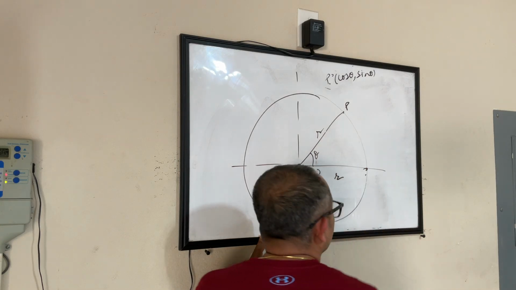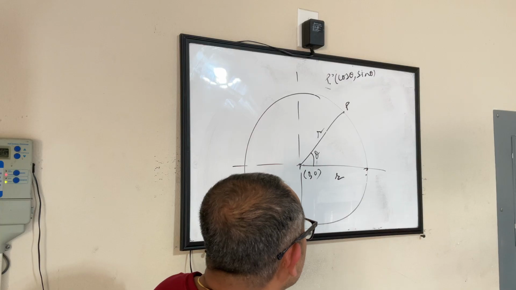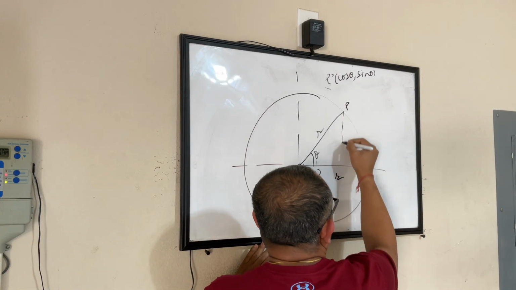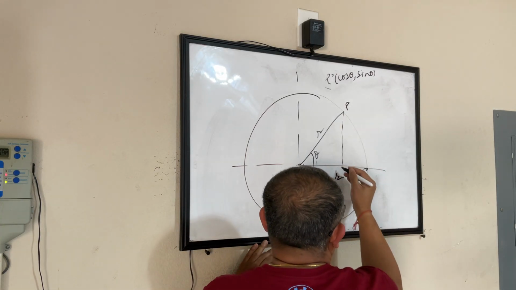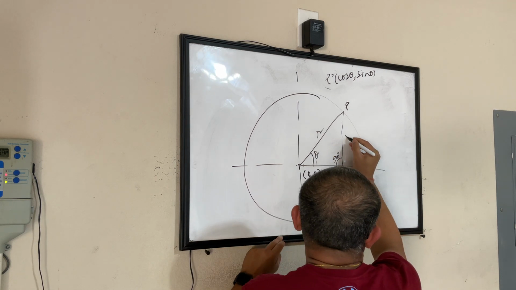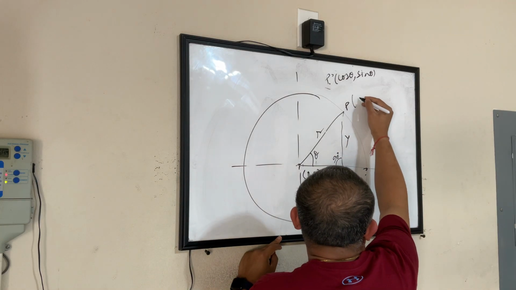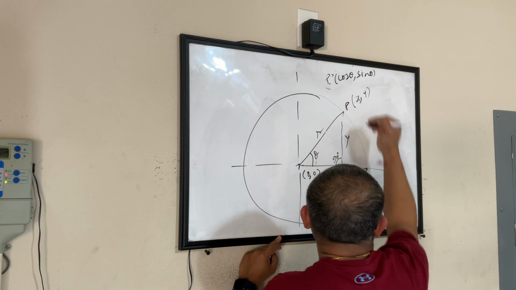So this is also r. If you have to find out the x and y coordinate of this one, same thing you will do, nothing different. Drop a perpendicular, this is 90 degree. Now here let's say this is y and this is x. We are trying to find out x and y value.